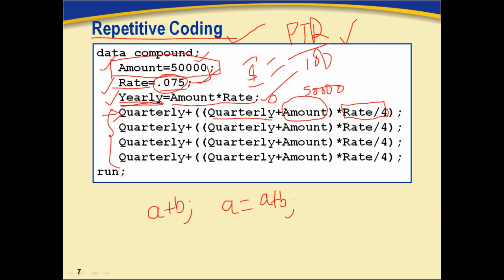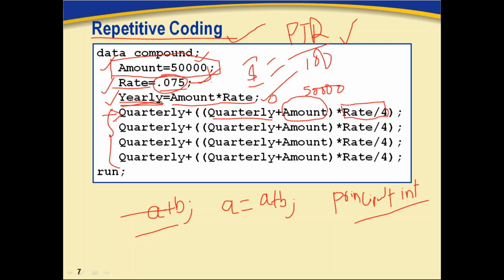We discussed this when I explained the first dot variable, last dot variable concept. So if I say principal plus interest, what is the meaning of principal plus interest in SAS? It's nothing but principal equals principal plus interest.